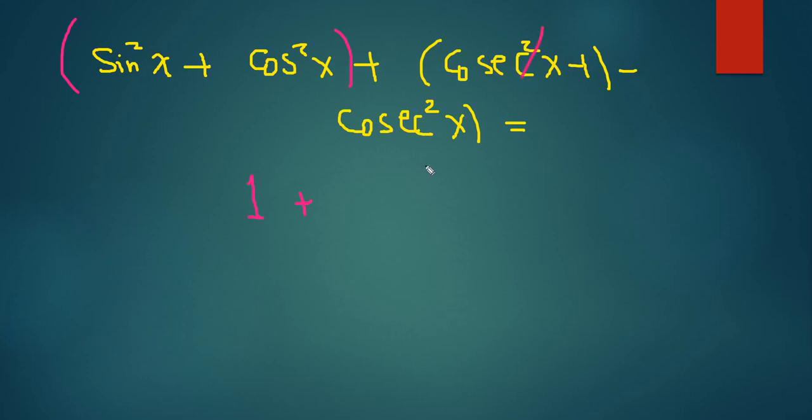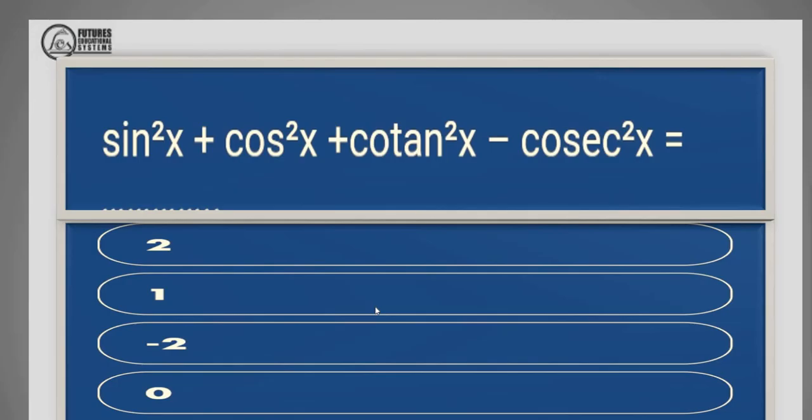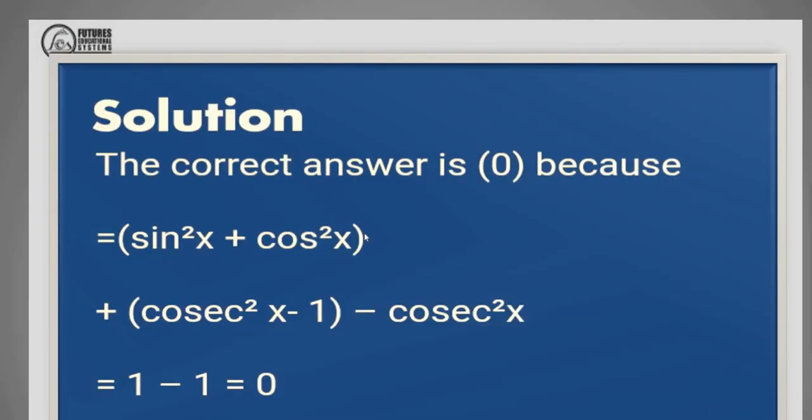Cosec power 2 minus 1 minus cosec power 2: the cosec power 2 terms cancel each other, remaining negative 1. 1 minus 1 equals 0. This is the solution.